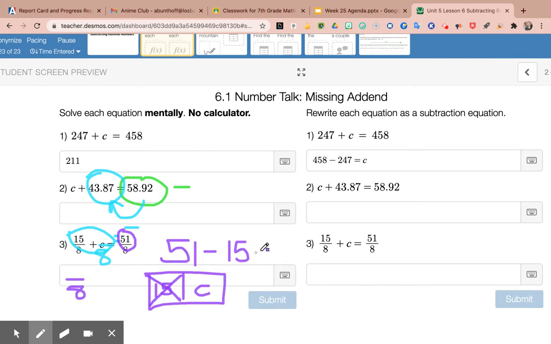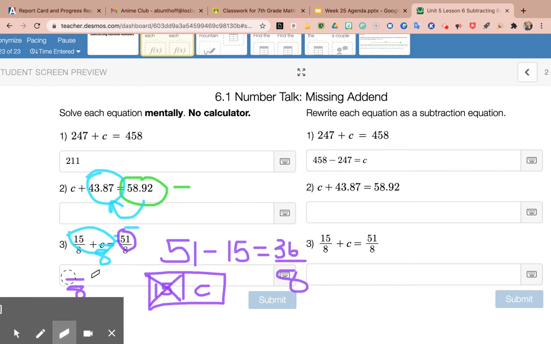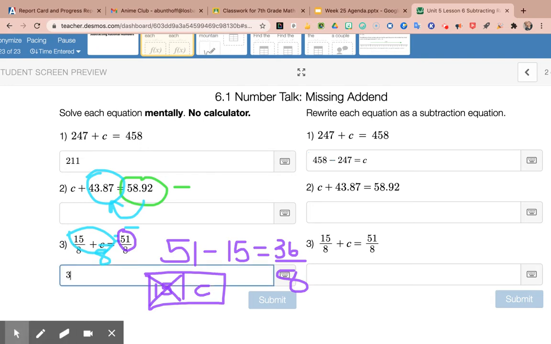Whatever I get, it's going to be over 8. I think we got 36. So on the last one, you'll type in 36/8. And we just use the slash key to make a fraction.